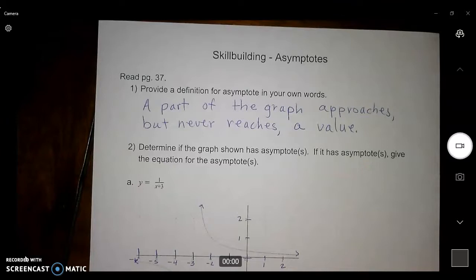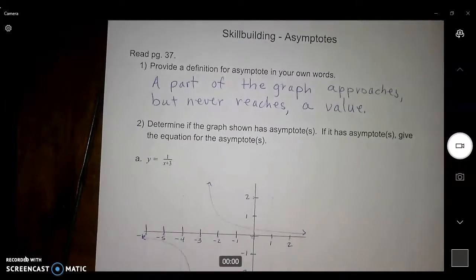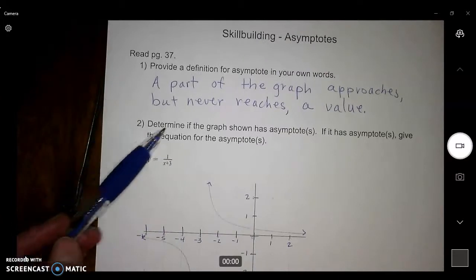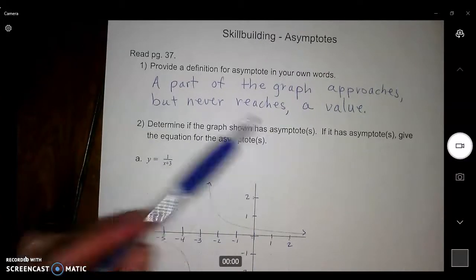So let's look at number 2, part A and part B, and maybe that will help clear it up a little bit. And like I said, you still might be a little bit fuzzy, and as we continue to look at it in today's group problems and going forward, hopefully it'll start to make a little more sense. So we're supposed to determine if the graph shown has an asymptote.